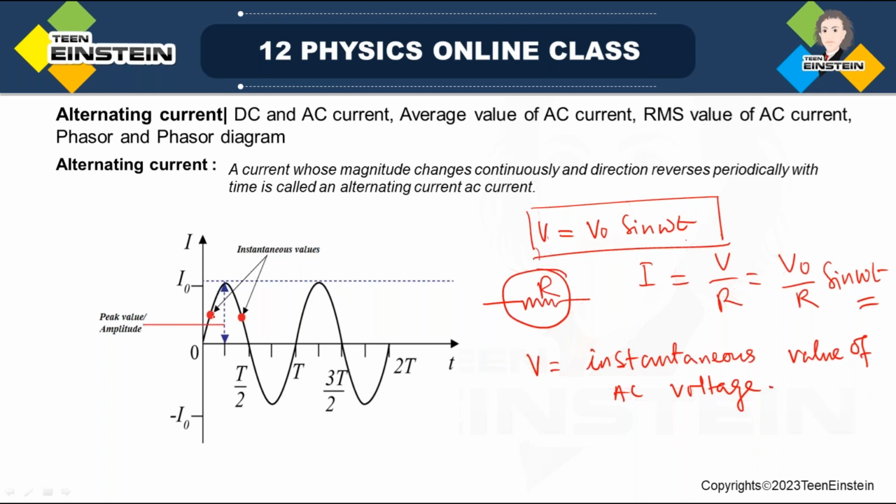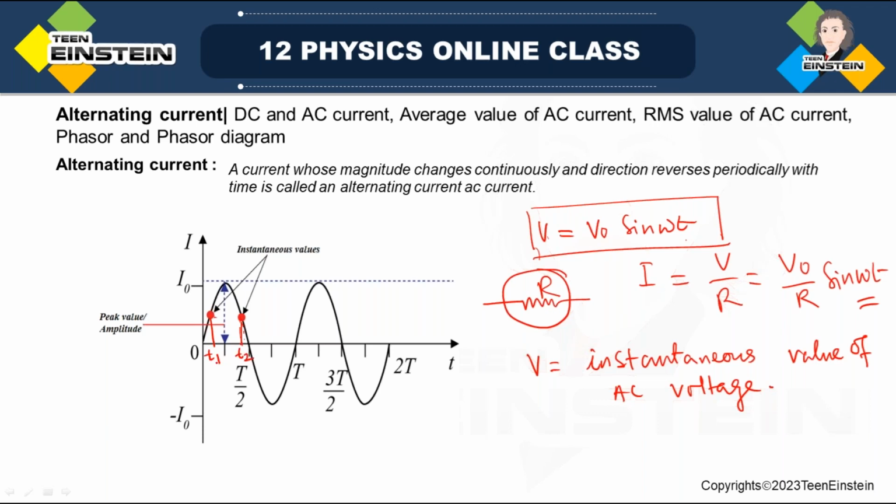These are two different instantaneous values of the same current at different times. Suppose this is T1 and this is T2.